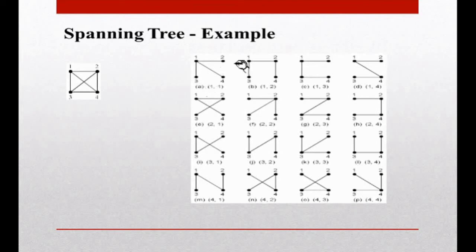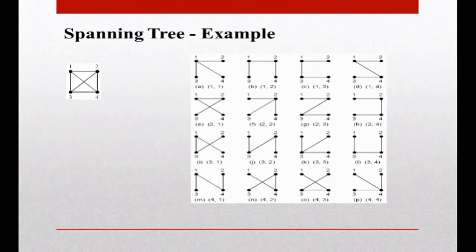As you can see, this is spanning tree 1, spanning tree 2, spanning tree 3. So we can generate multiple spanning trees. All these spanning trees are listed. So for a complete graph with 4 vertices, we will have 16 spanning trees.